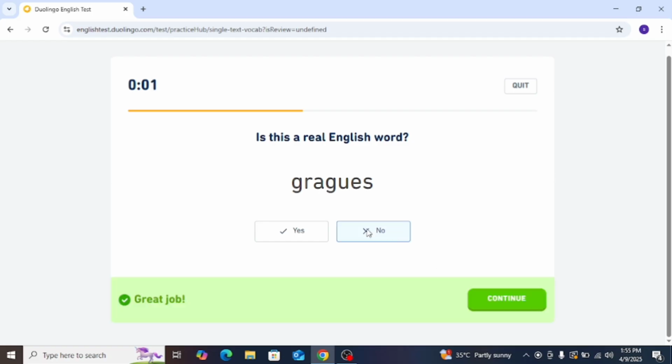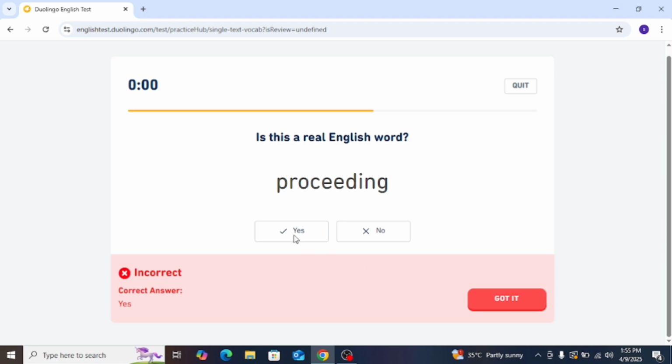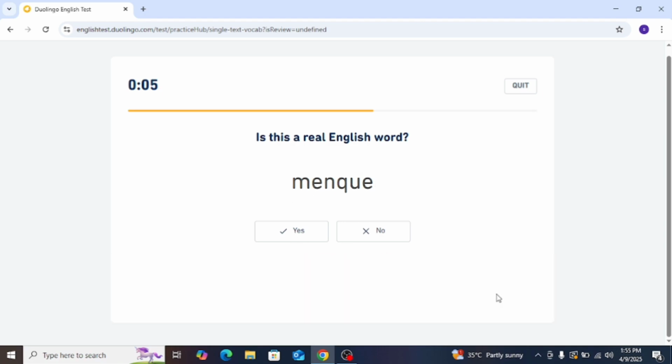Gargos, no. Proceeding, yes, because the spelling is right. Yes, that is why this is a real English word.